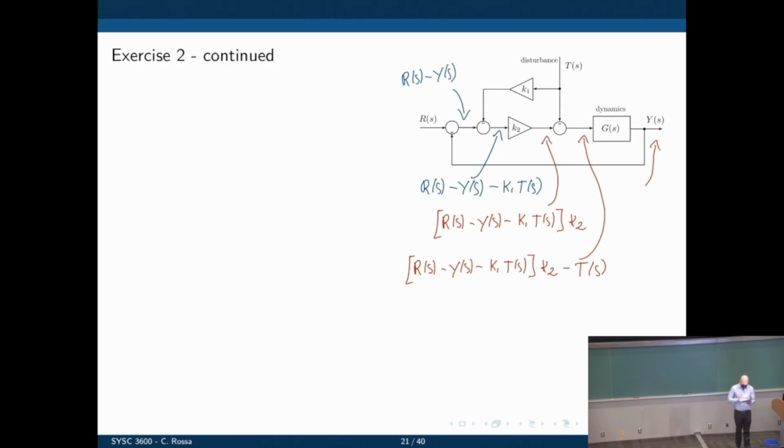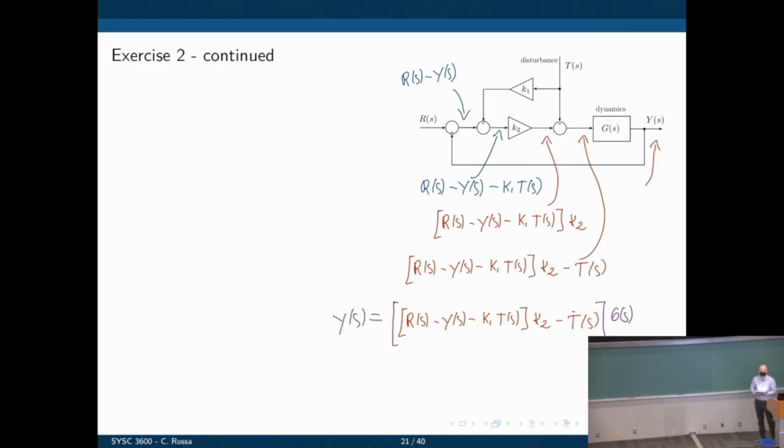It's everything multiplied by G of S, and this is Y of S, isn't it?